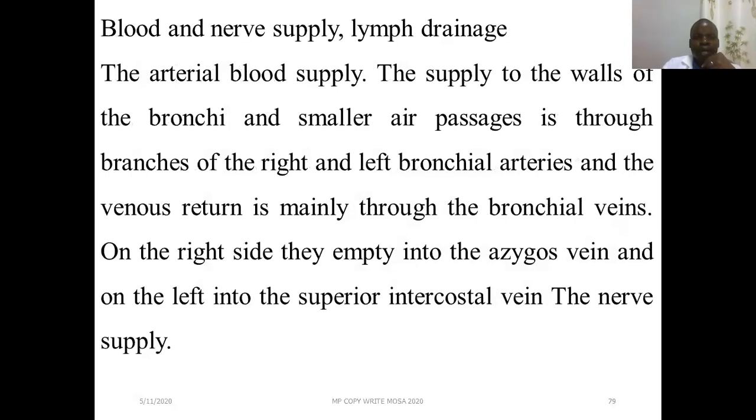Blood and nerve supply and lymph drainage. The arterial blood supply to the walls of the bronchi and smaller air passages is through branches of the right and left bronchial arteries, and the venous return is mainly through the bronchial veins.